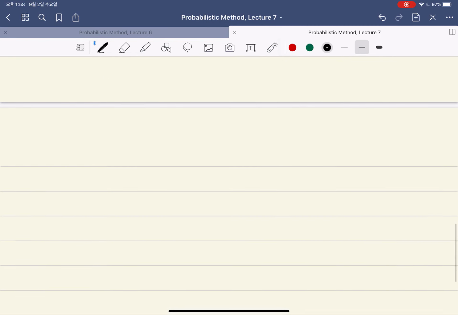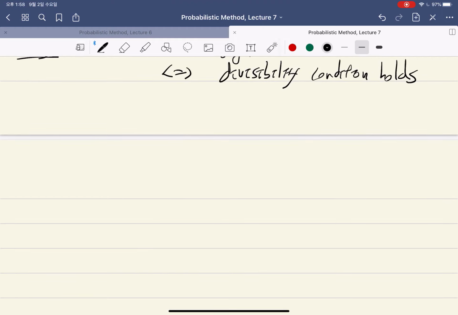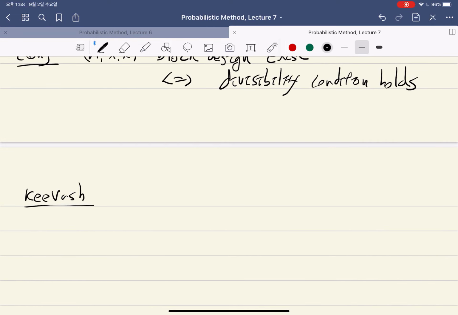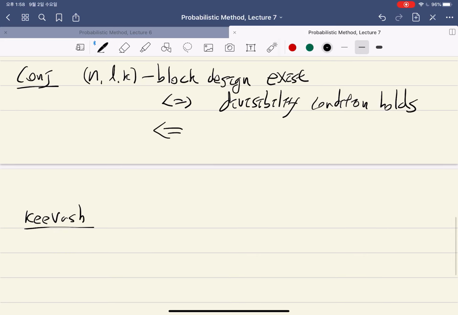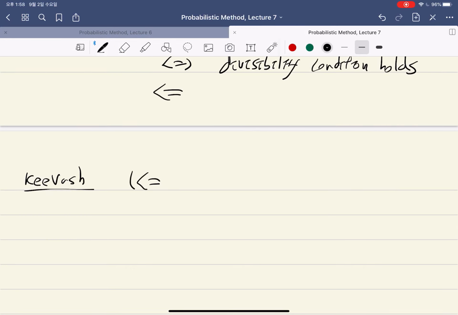It had been open for more than 100 years until recently. Keevash proved this for sufficiently large n. So this direction is easy, but the necessary direction is this one. So this holds if n is sufficiently large.